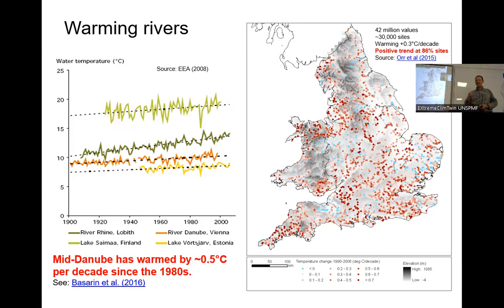So to emphasise that this is a phenomenon that's occurring most places on Earth. And in the UK, this gives you a sense of the amount of sampling points we've got. And in this particular study, it was shown that nearly 90% of the sites were showing a warming trend in the UK.